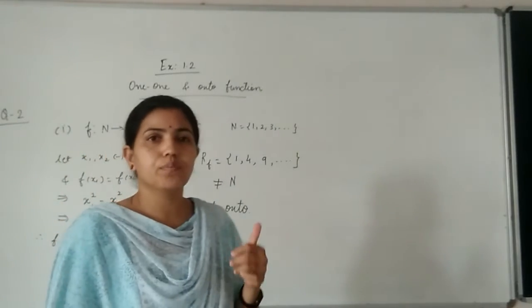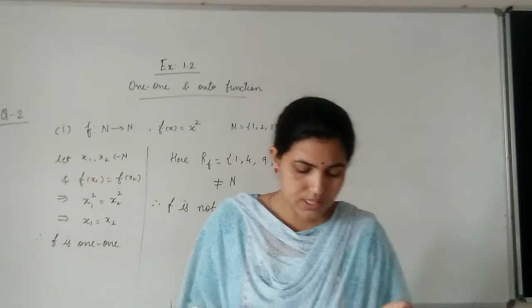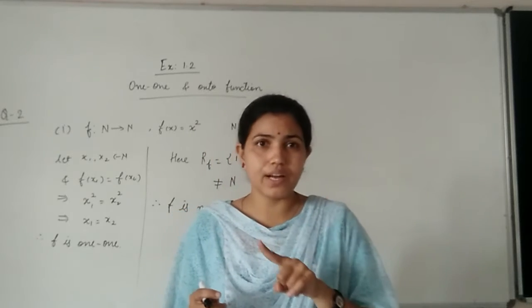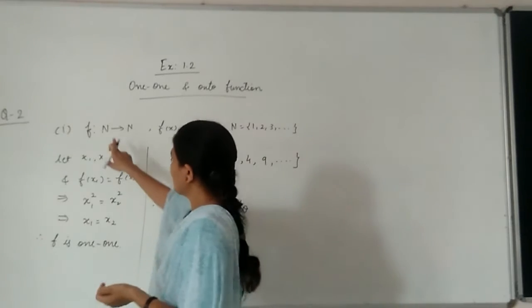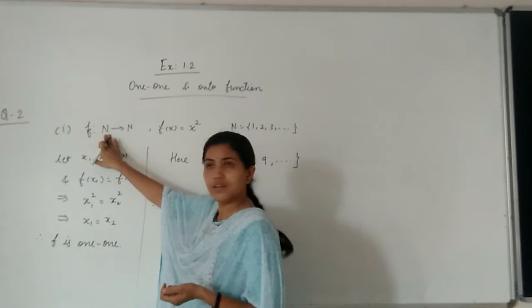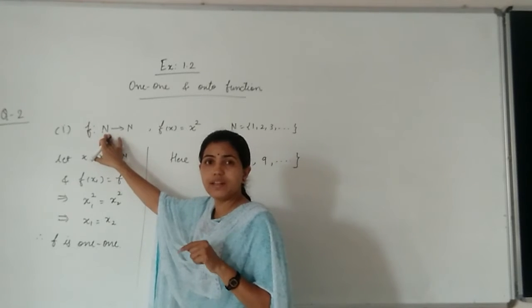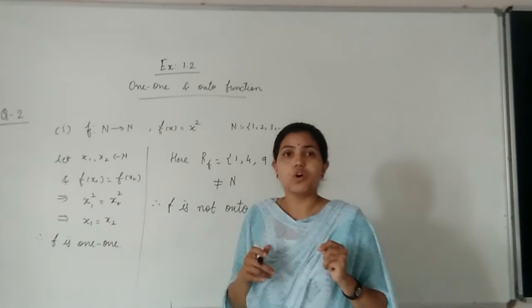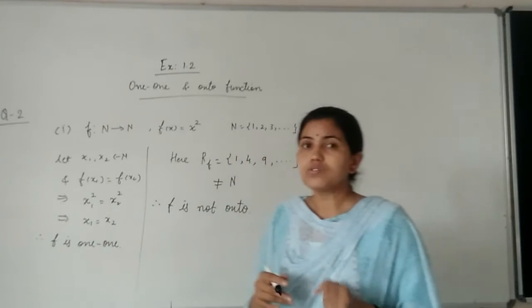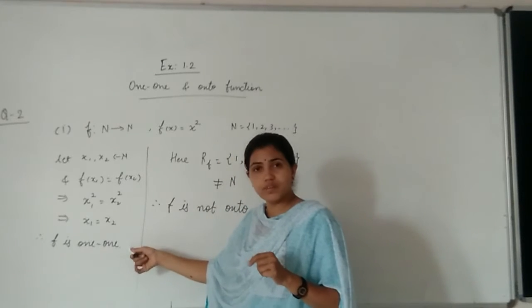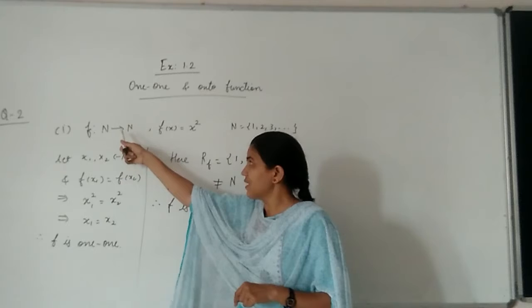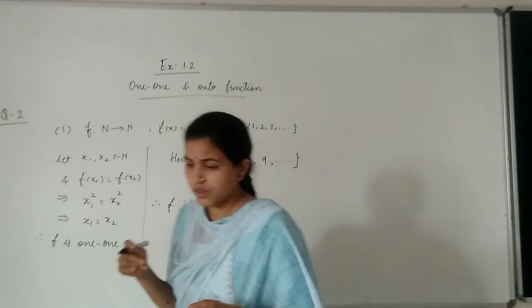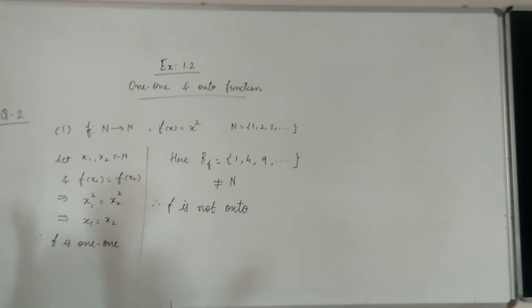Similarly, in question number 2, the second one is a function f from Z to Z. Here they change N to Z. At the place of N we are taking Z, the set of integers. Now we have to prove whether the function is 1-1 or onto. So when we are taking Z, remember, let me understand the second one also.